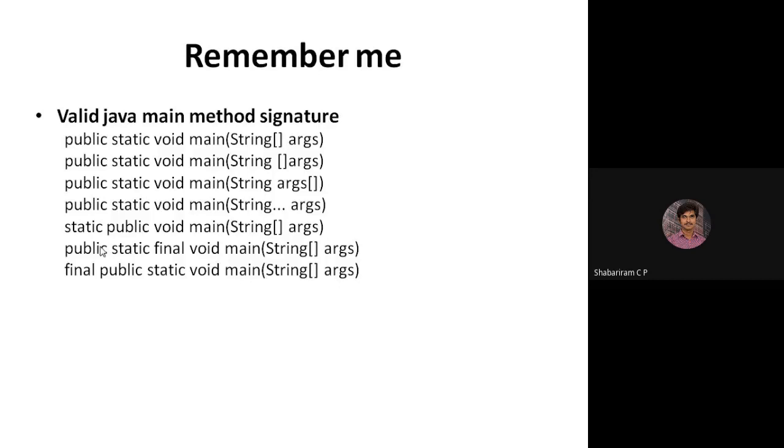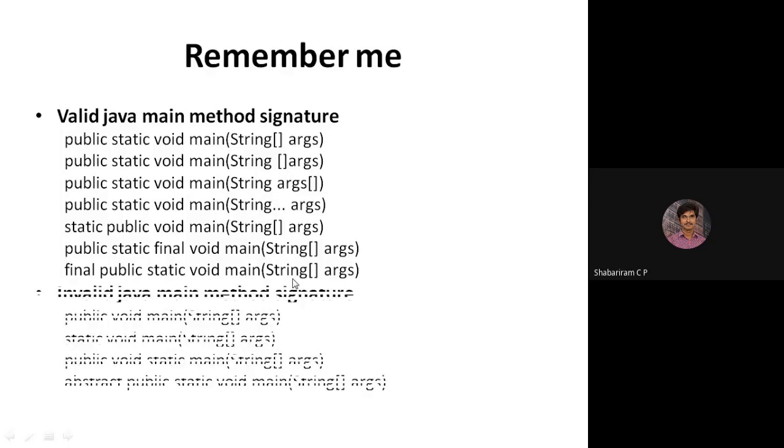If you include final, it will be like public, static, final, void main. It is your command line argument. So we can also switch the final between these three. I have placed final in the first position: final, public, static, void main. So this is the command line argument.